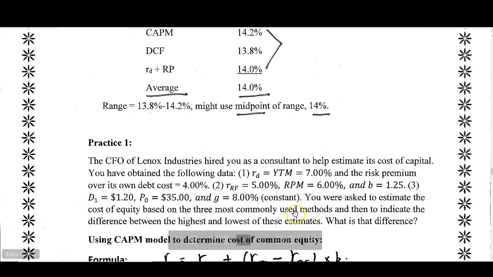For the third group of data, you can use dividend discount model, constant growth model version to calculate cost of common equity. Okay, please calculate cost of common equity based on this information and take the difference between the highest and lowest of the estimates.